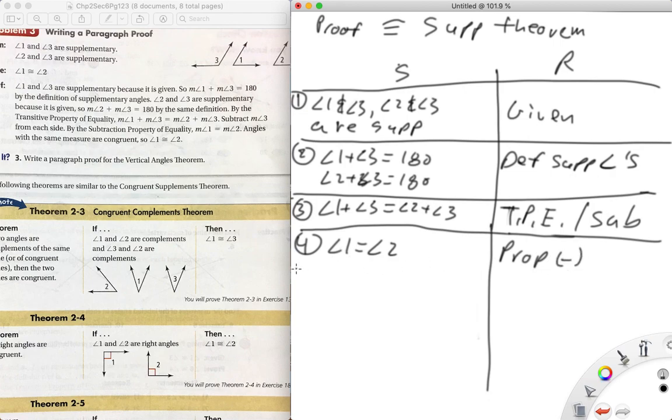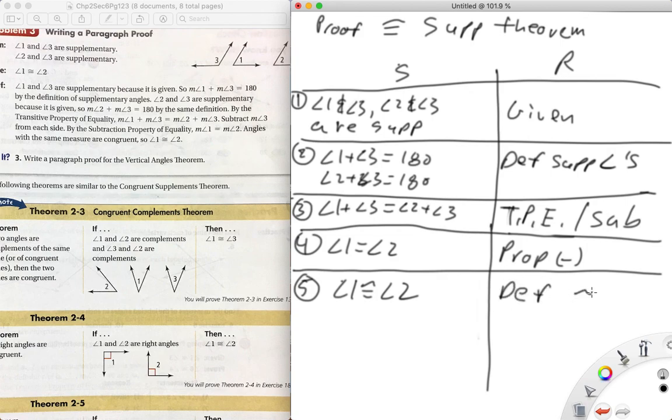And if they're equal, then they're congruent. Definition of congruent angles, or definition of congruency.